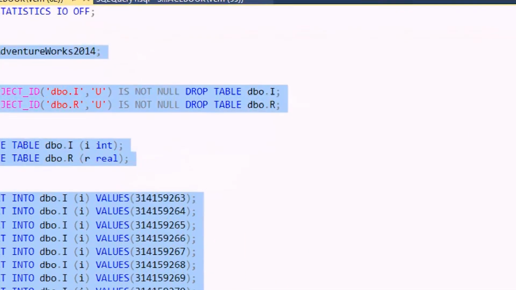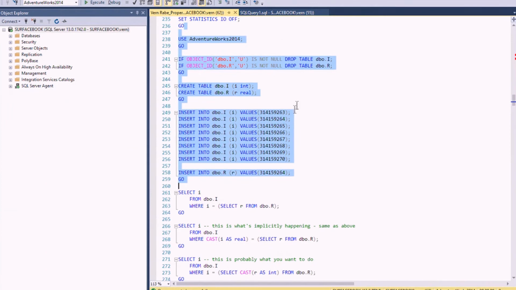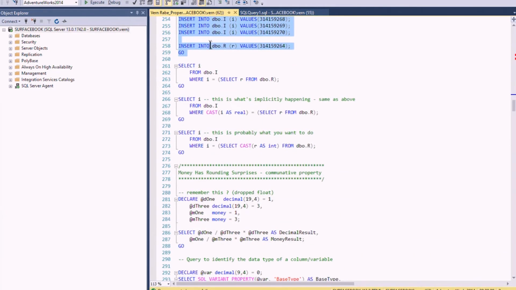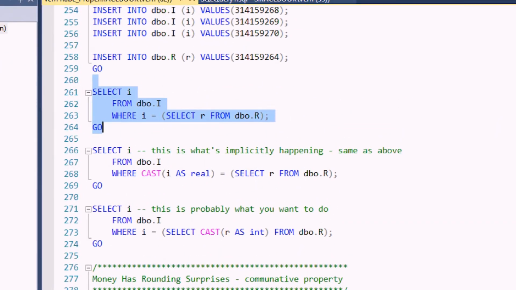Then I'm going to do a select. Let me just do that first. Then I'm going to do a select from the I table.